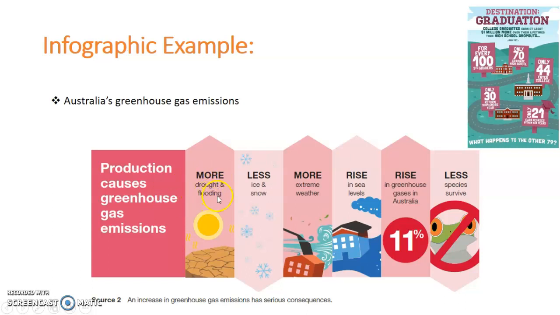It leads to more drought and flooding, less ice and snow, extreme weather conditions most of the time, rise in the sea levels, and rise in greenhouse gases in Australia, which means fewer species survive. So it is giving the effects of greenhouse gas emissions to us. And being a layman myself, if I go through this, it tells me what happens if there's more and more greenhouse gas emissions.